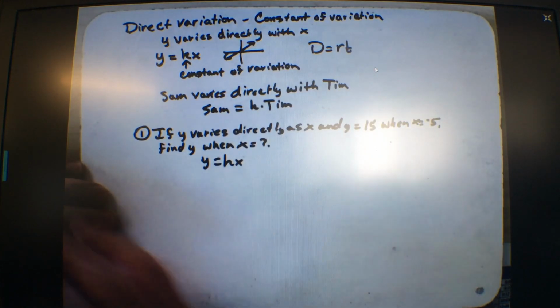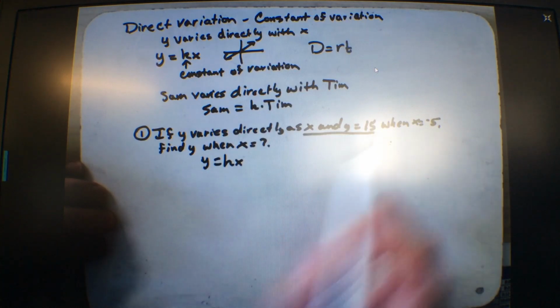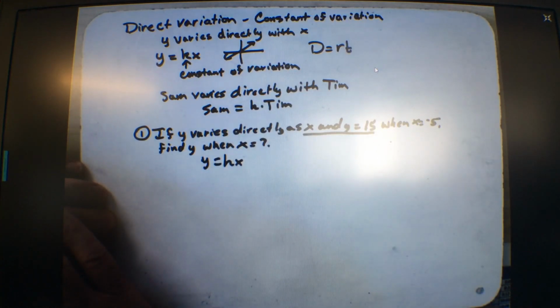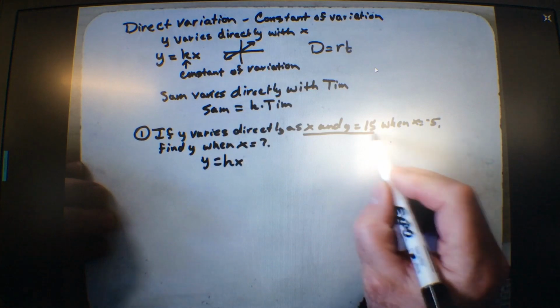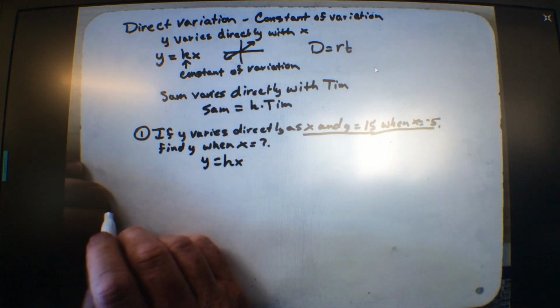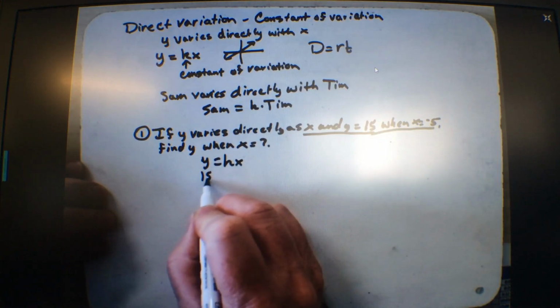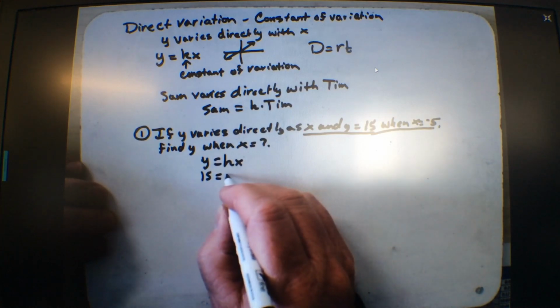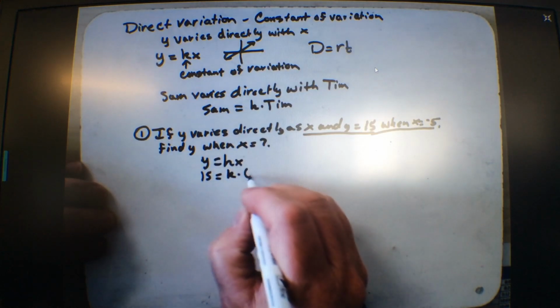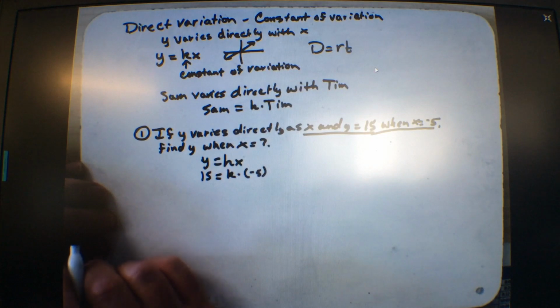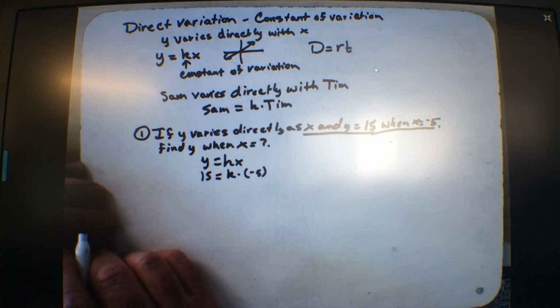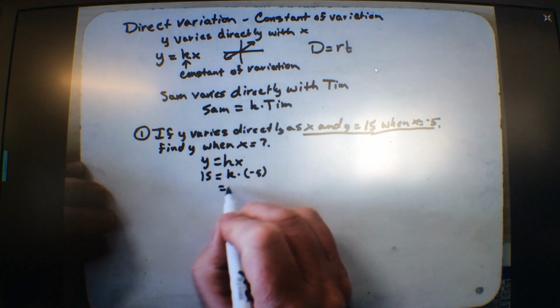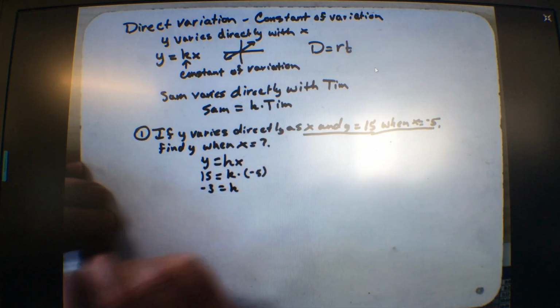Yeah. Okay. So the first information is y equals 15 when x equals a negative 5. Given that information, we can now find k. K equals a negative 3, correct?